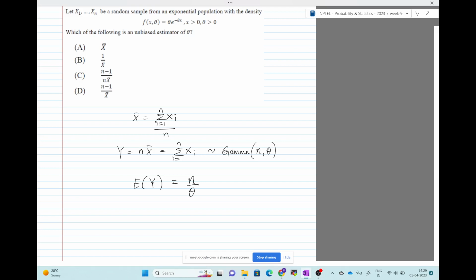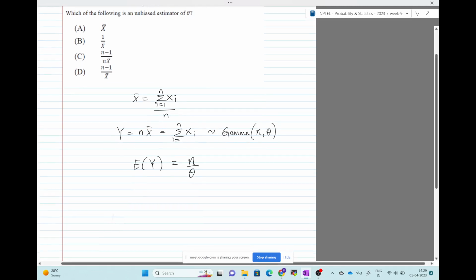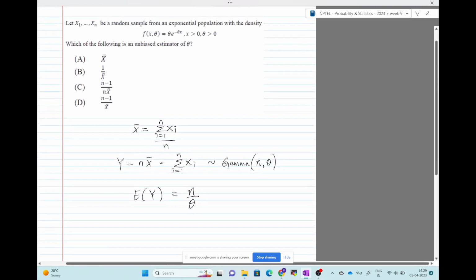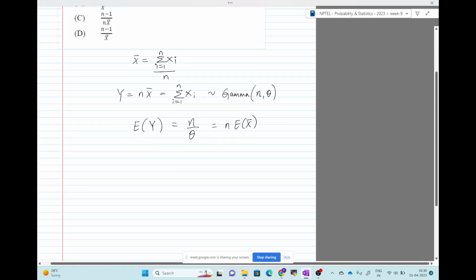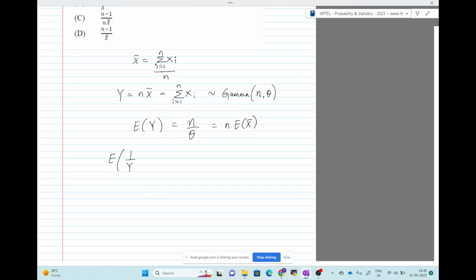This gives us an unbiased estimator of 1 by theta. We want an unbiased estimator of theta. So if we see in this, we can see there is 1 by x bar everywhere. So let's just find the expectation of 1 by y.